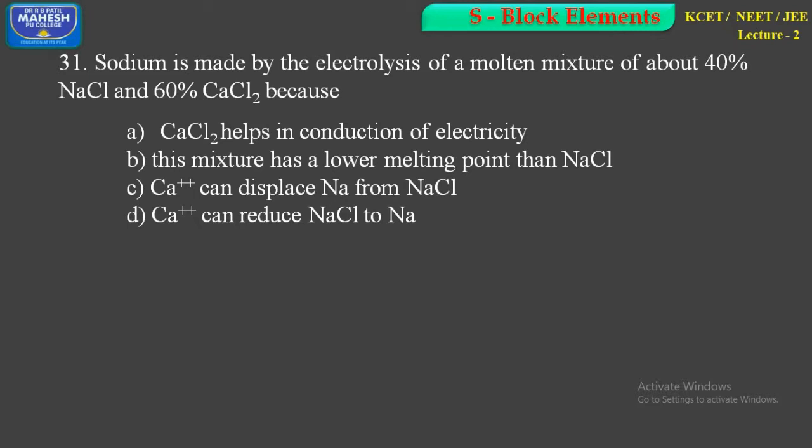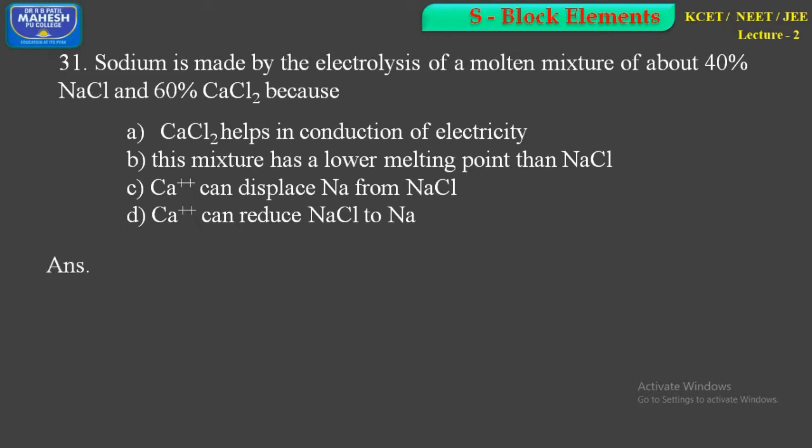Option B, this mixture has a lower melting point than sodium chloride. Option C, calcium cation can displace sodium from sodium chloride. And option D, calcium cation can reduce sodium chloride to sodium.